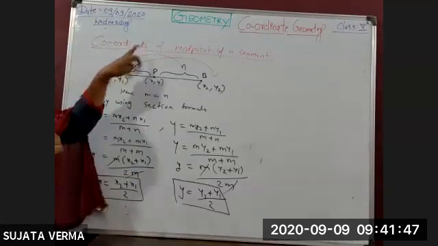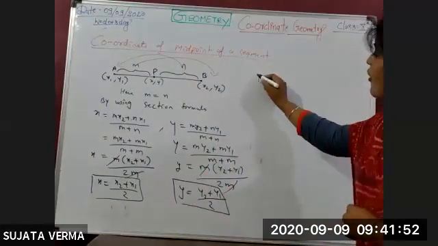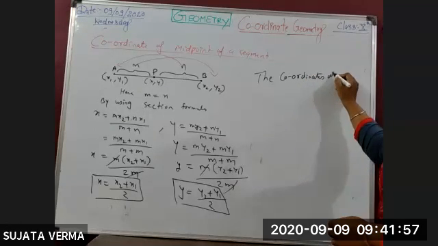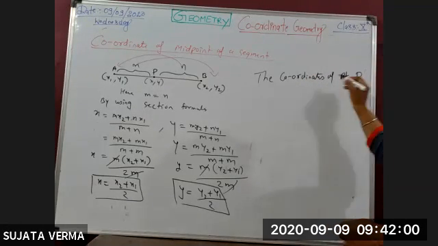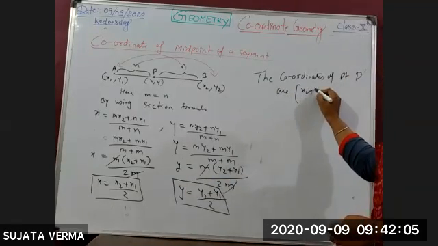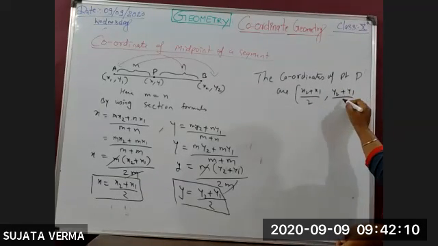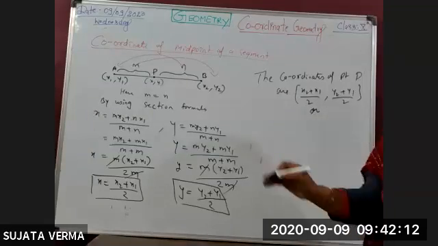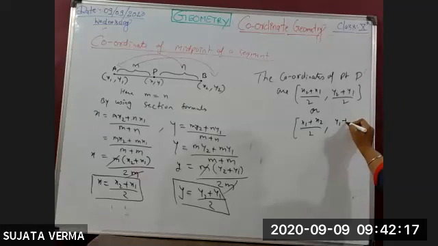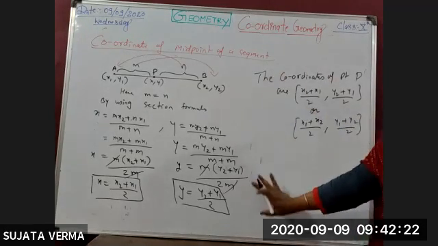So in case of the midpoint of a segment, the coordinates of point P are x2 plus x1 divided by 2, y2 plus y1 divided by 2, or you can also write it as x1 plus x2 divided by 2. No problem. Clear?